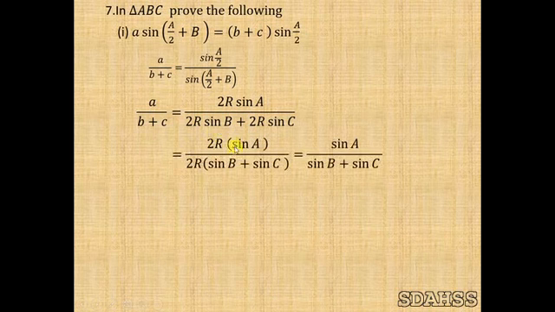You keep the numerator as it is, but in the denominator 2r is common, so take it outside. So you have 2r into (sin B plus sin C). 2r cancels, so remaining you have sin A divided by (sin B plus sin C).